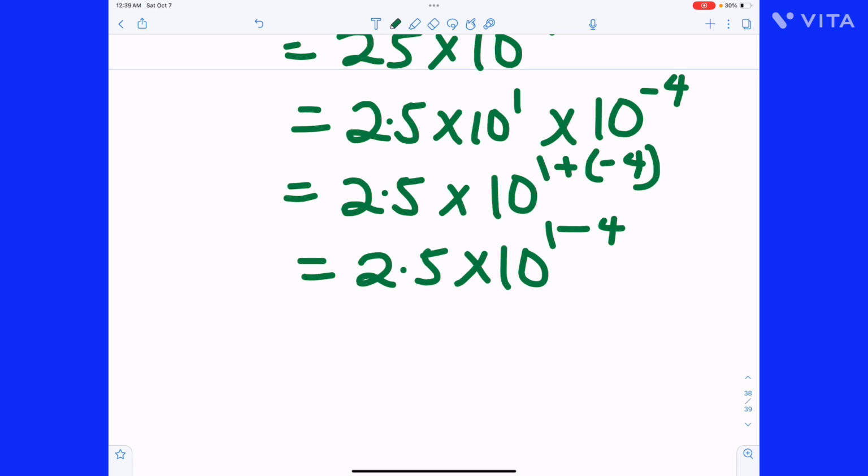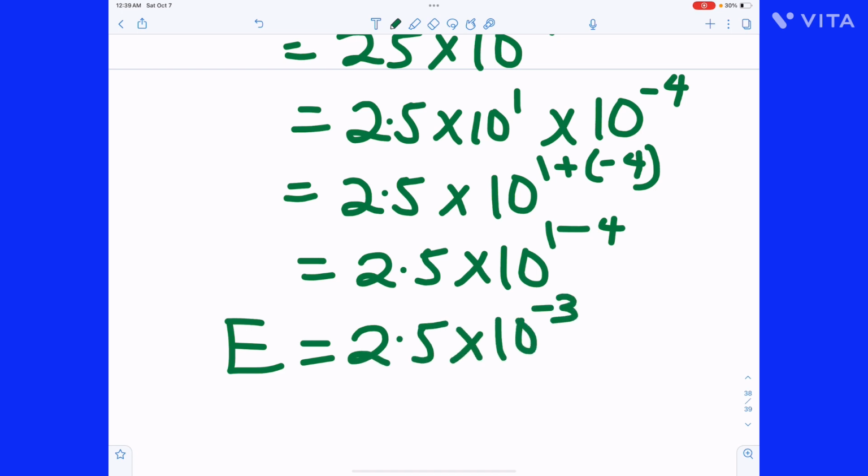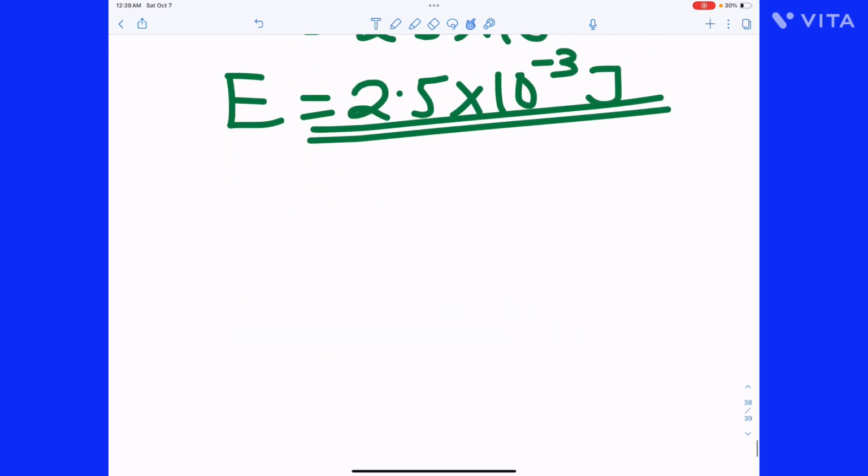So that helps us get our energy stored in the wire as 2.5 times 10 raised power minus 3 joules. See, instead of all of this, I could have done it straight.